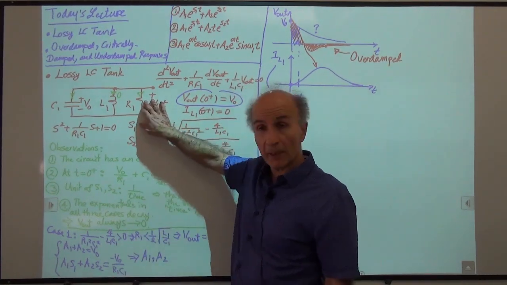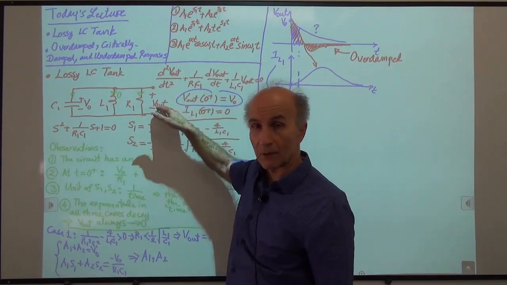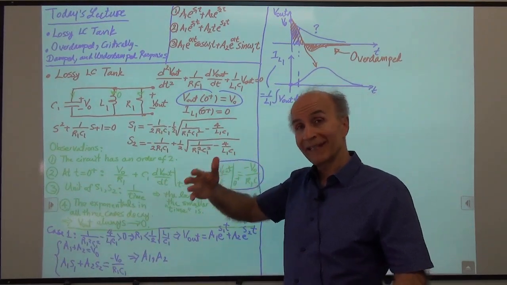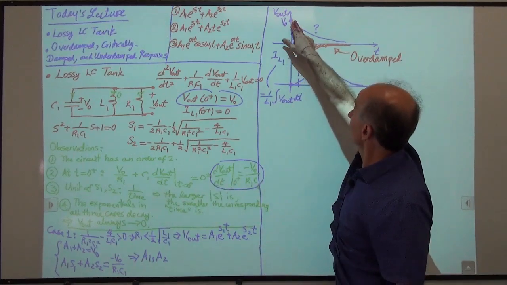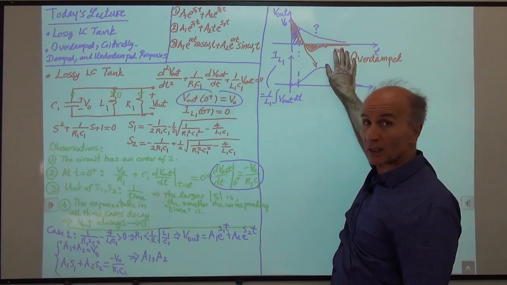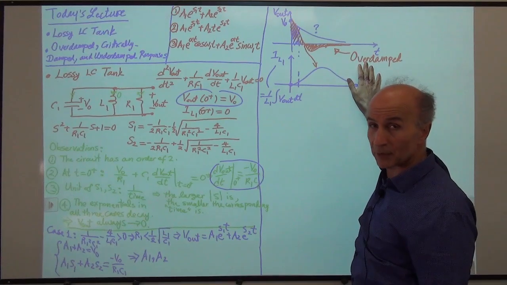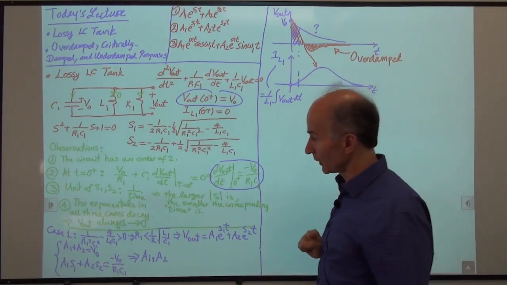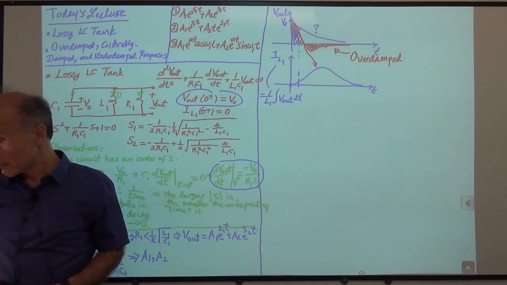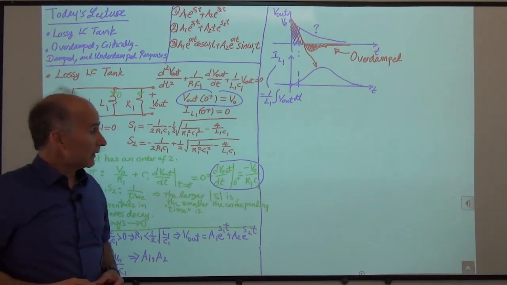So this resistor was placed here to reduce that oscillatory behavior. And by dampening that oscillatory behavior, we sort of get rid of it. And you can see here that we don't really have much of an oscillation. But we have done too much of dampening, and that's what we call an overdamped response. Okay? All right. So with that, now we are ready to go and look at the next type of response.